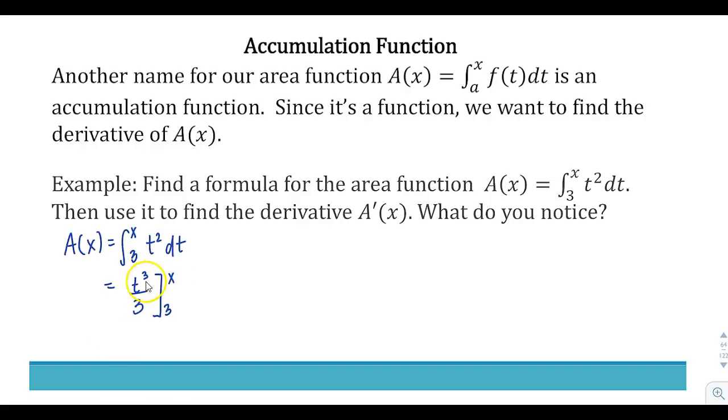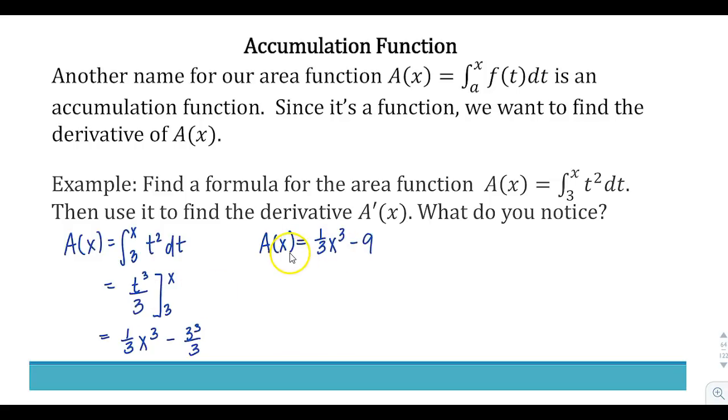I'm going to substitute in x first and then 3 second. So I'd end up with 1/3 x cubed, and then minus, if I plug in 3 cubed over 3. So I have A of x is 1/3 x cubed minus 9.